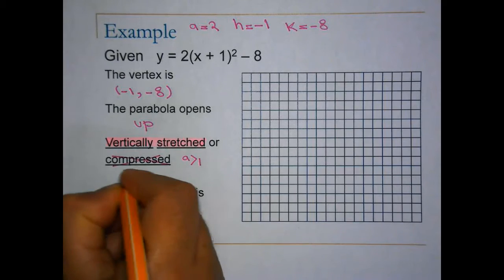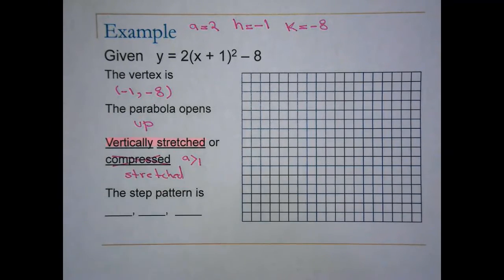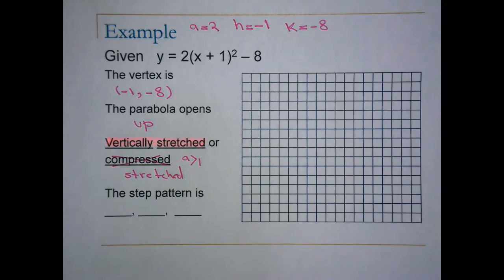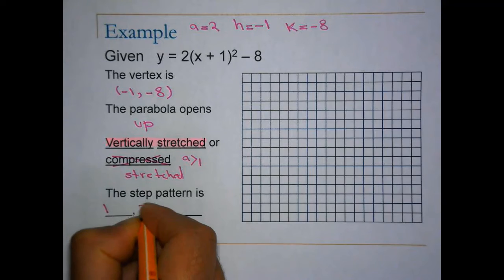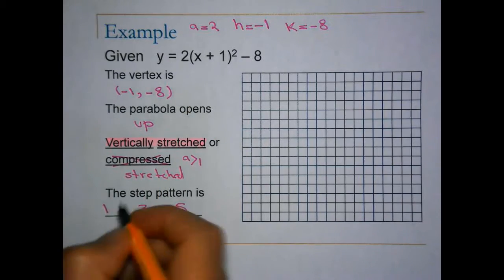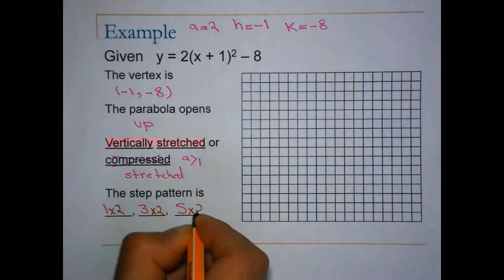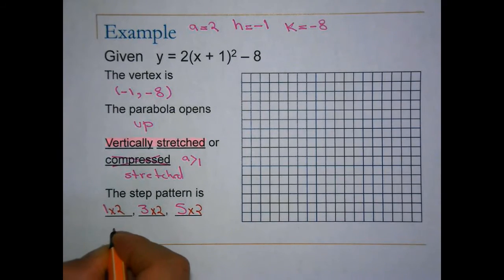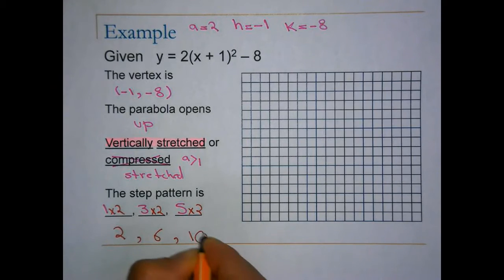So I'm going to write here stretched. And now we can find the step pattern here. The original one is 1, 3, 5, and we have to multiply that with our a value. So times 2, times 2, times 2. So the step pattern will be 2, 6, 10.